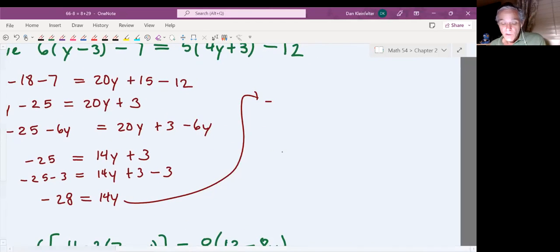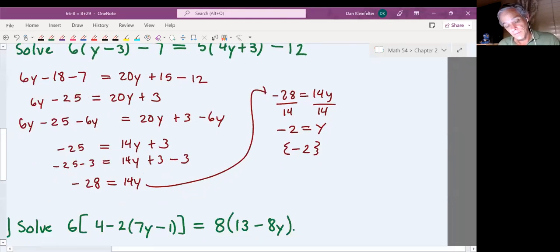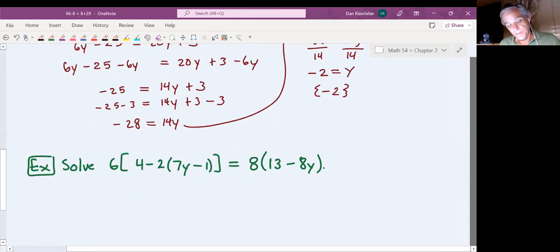If we have negative 28 is equal to 14y, we're going to need to divide both sides by 14 to get the y alone. We'll have negative 2 equals y. So negative 2 is our solution. Okay, again, the check there is left to you.